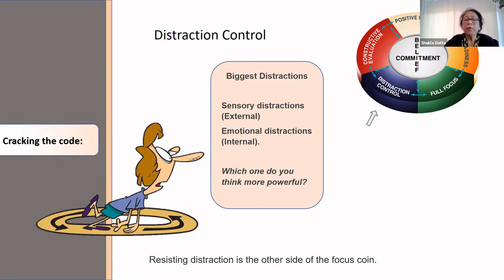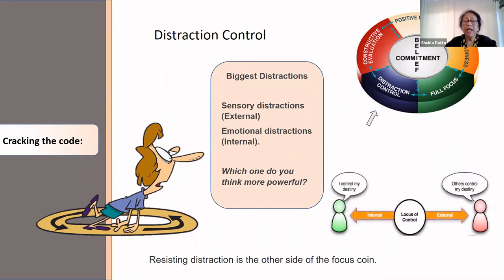According to Daniel Goleman, author of Focus, there are mainly two kinds of distractions. One is sensory distraction, that is external. For example, when you are at work, your colleagues are talking. Now you are working from home, so your children, your spouse, other members of the family are talking, phones ringing, people moving around you, music playing.